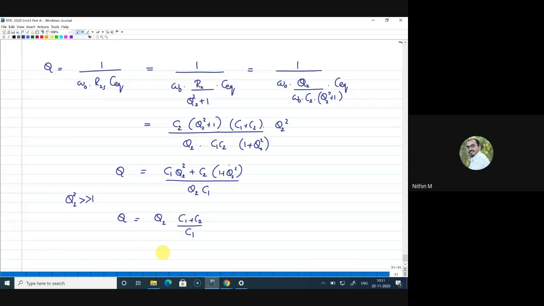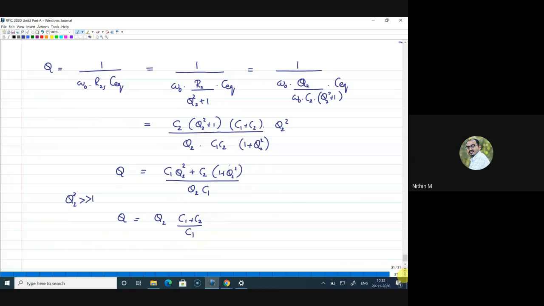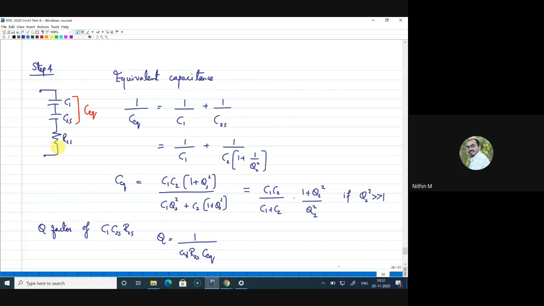All right. Now, what we are in the fourth step where we converted the parallel into series and we wrote the equivalent capacitance, and with that we defined the Q factor of that section. Now, the final step is that we have a series RC, and this series RC has to be converted into a parallel RC.